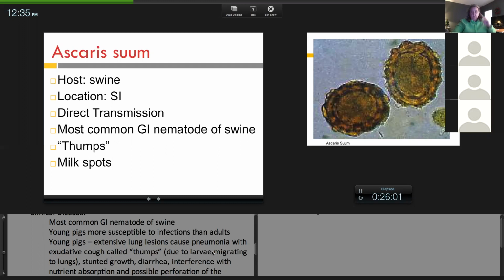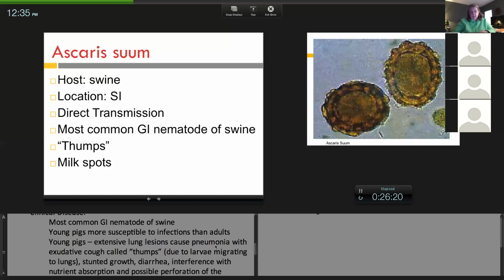But again, the larvae are migrating through the lungs, coughed up, swallowed, but if they have significant scarring or damage, that leads to a secondary pneumonia and this cough. Remember, an exudative cough means they're coughing up phlegm.